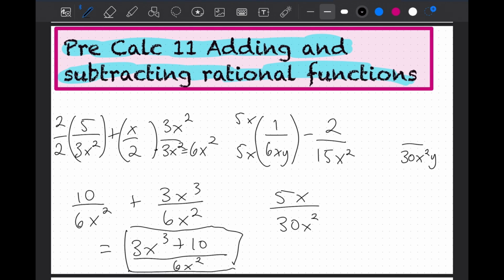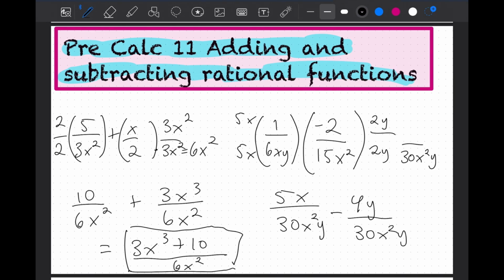30x squared y minus, so this one, I'm just going to distribute the minus into the top part and have it be minus 2. And then to make that equal to 30x squared y, I would need to multiply this by 2y on the top and the bottom to make it minus 4y over 30x squared y.